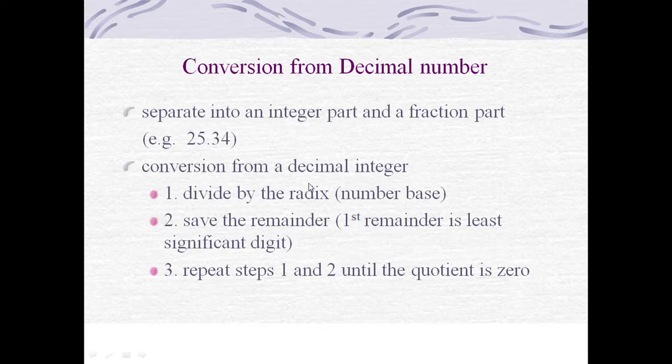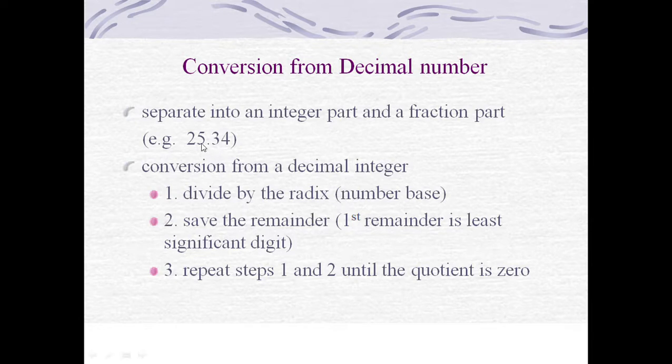In both cases, we start conversion from a decimal integer, and we first convert the integer part to the desired output number system. So divide the integer part of that number in the decimal system by the radix, or the base of the number system that we want to convert to.